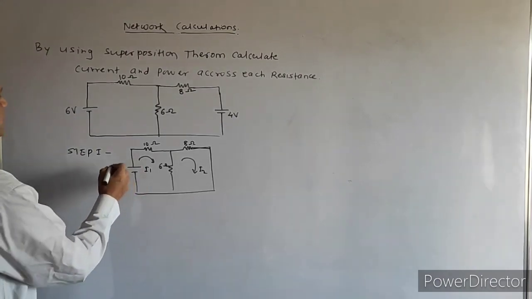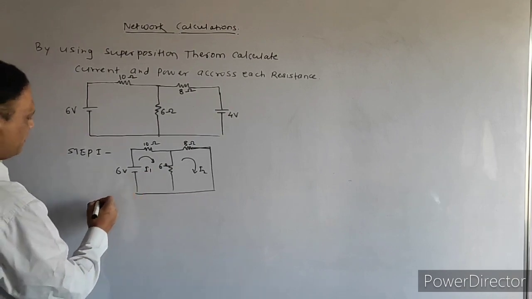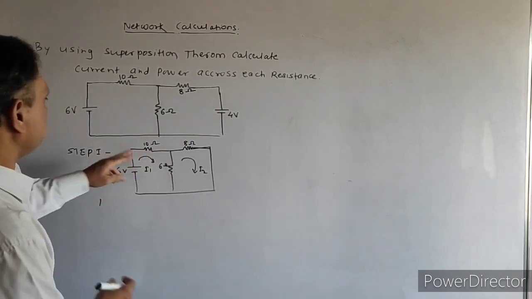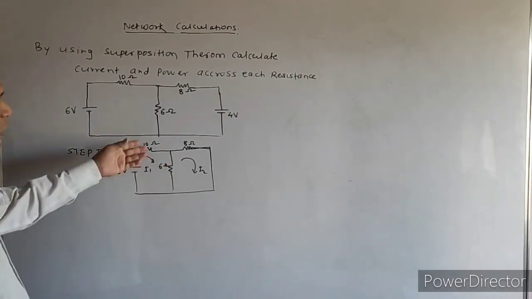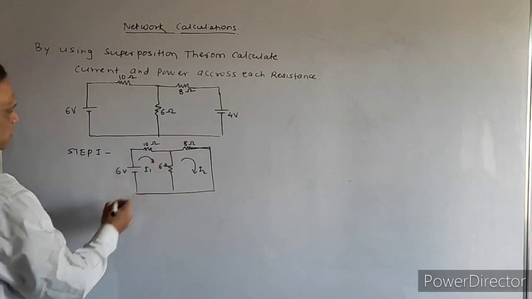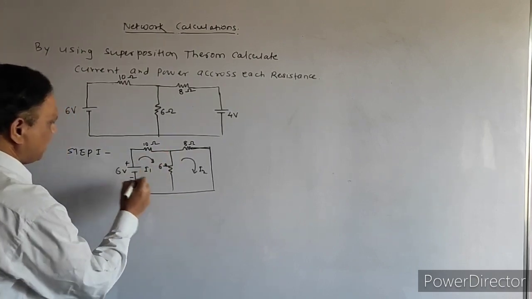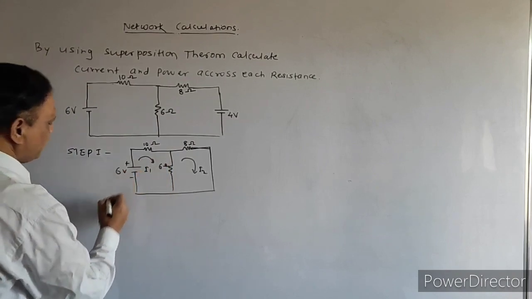So we'll write the equation here. For loop 1, we can use Kirchhoff's current law also, but right now we are solving this problem using Kirchhoff's voltage law. According to the direction of the current, it is entering from the negative sign.